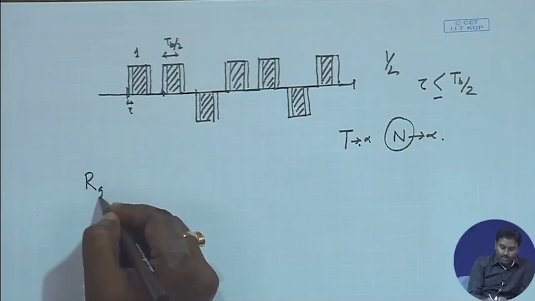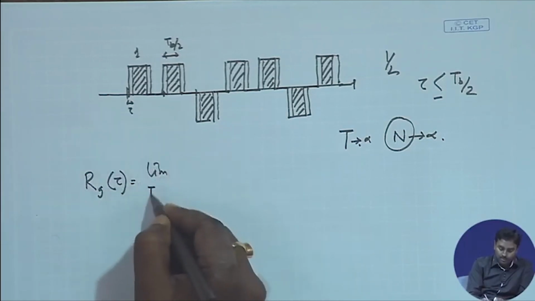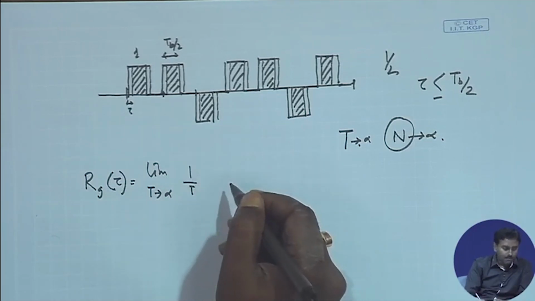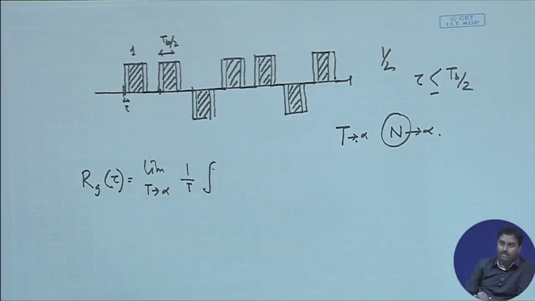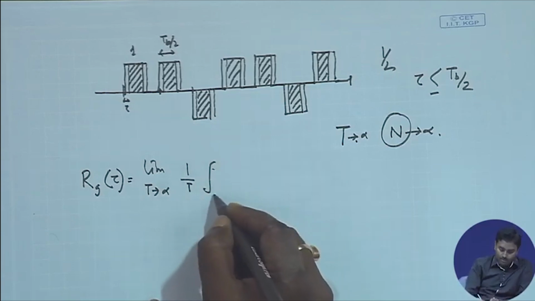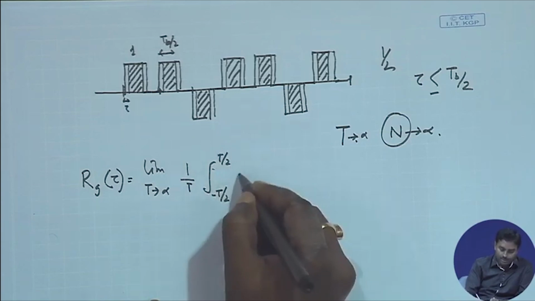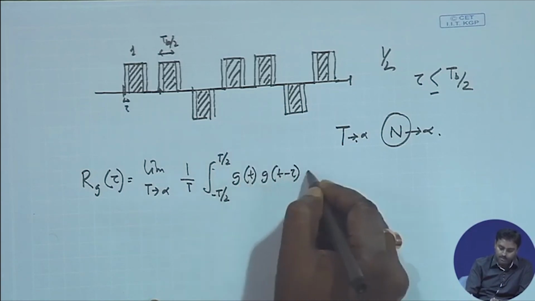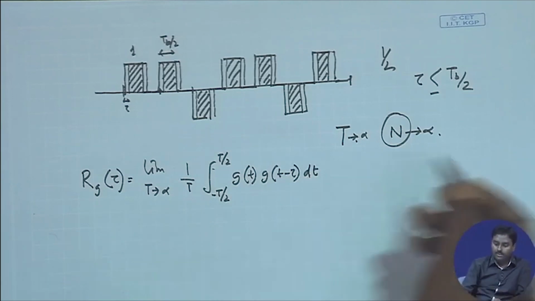Now my autocorrelation function, the way we have defined it, because it's a power signal, should be limit T tends to infinity 1 by T, and then we have to integrate from minus T by 2 to plus T by 2, g(t) g(t minus tau) dt. Now what is my T?